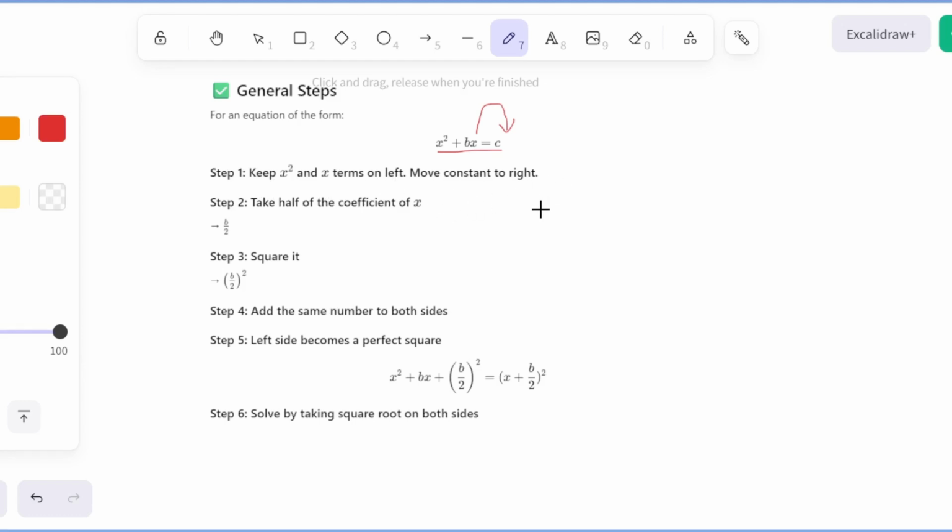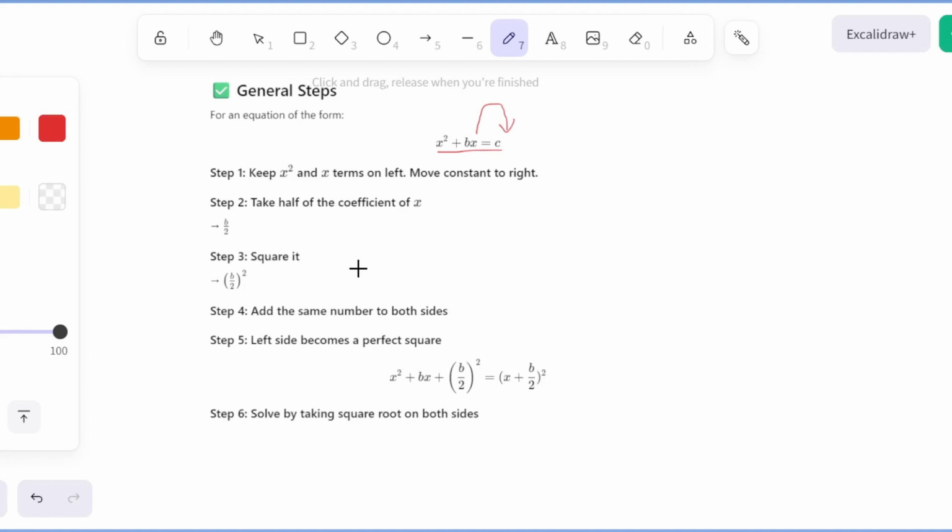After doing this, you have to halve the coefficient of x. For example, in this case the coefficient is b, so you have to take half of it, that is b by 2, and square it.